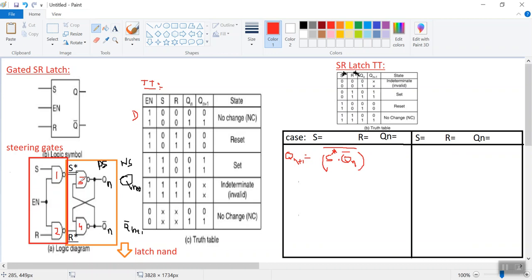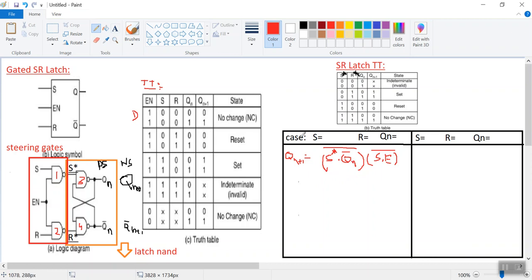For this particular NAND gate, you have two more inputs from the first NAND gate: S multiplied with enable, and this whole bar. So this is our expression for Qn plus 1. We can go with either of these approaches, or we can go directly.